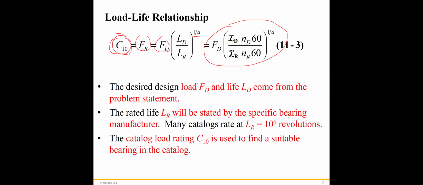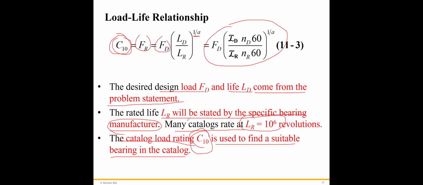The desired design load FD and the life LD come from the problem statement, which means what you want, from the user. The rating life LR will be stated by the specific bearing manufacturer, and many catalogs rate at LR equals 10 to the 6 revolutions. And the catalog load rating C10 is used to find a suitable bearing in the catalog.